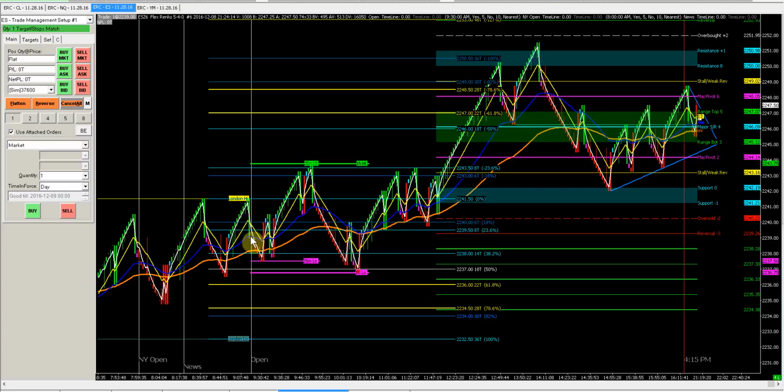The pullback was right after the open, back here, and then once it bottomed out and started going back up, I would have taken that probably above that 89 EMA and then taken the trade.